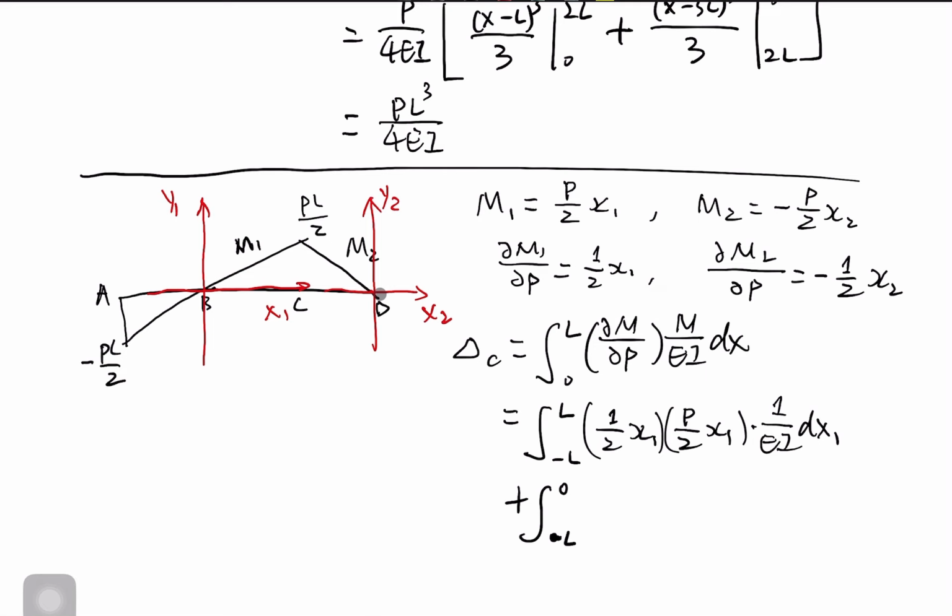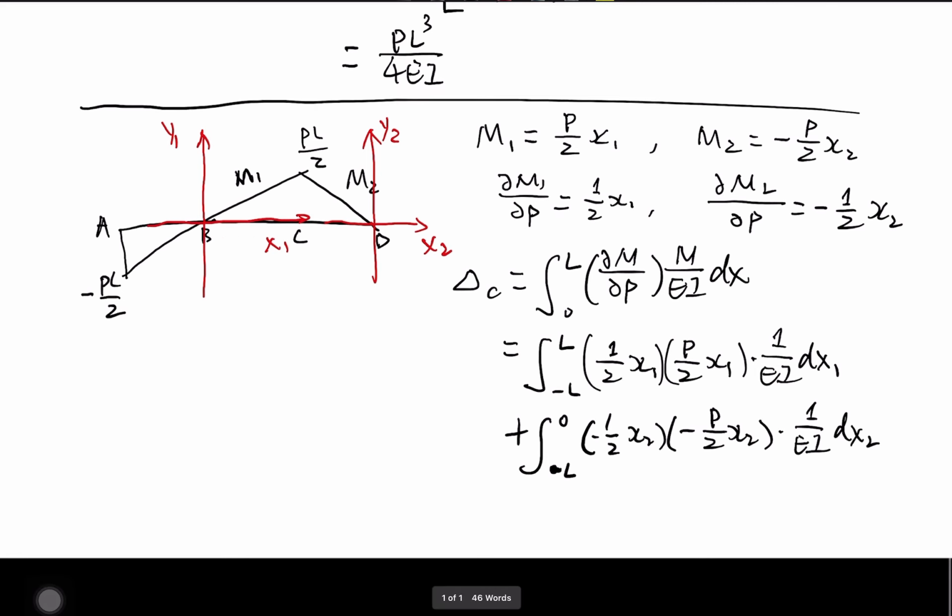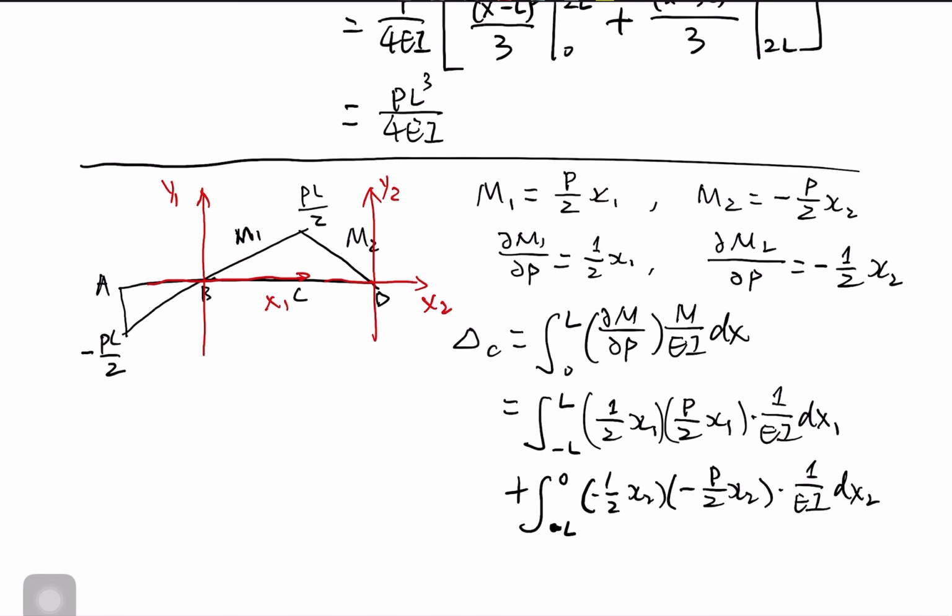Partial M2 over partial P is negative 1 over 2 x2, times negative P over 2 x2, times 1 over EI dx2.